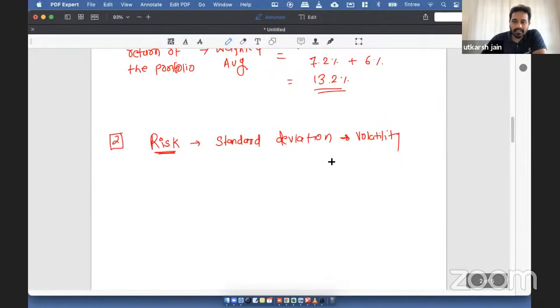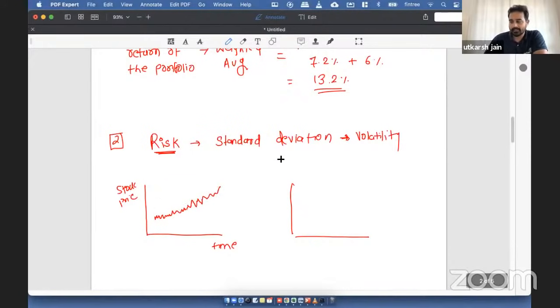A pictorial representation of volatility could be something like this. Imagine we have two stocks and we are looking at the stock prices. If I put time here and stock price here, there's one stock which has been moving in a fashion like this, right?